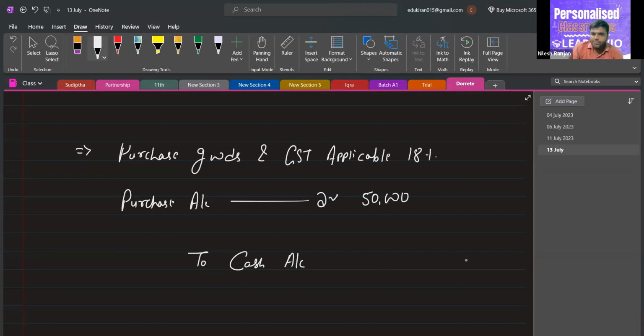But the cash payment will not be 50,000 because now GST is applicable here. And if it is an intrastate transaction, meaning within one state, then SGST and CGST input will be written.